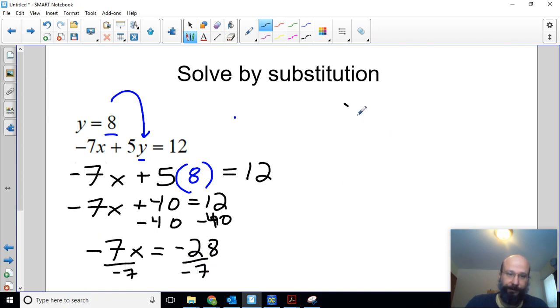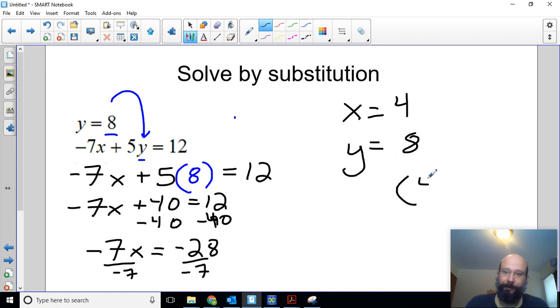These will turn to 1. So I'm going to have x equals 4. So my x equals 4, and I need to find out what my y equals. On these types of problems, it's easy because it tells me that y equals 8. So that's my answer. As an ordered pair, it would look like (4, 8), because this is your x and this is your y in an ordered pair.